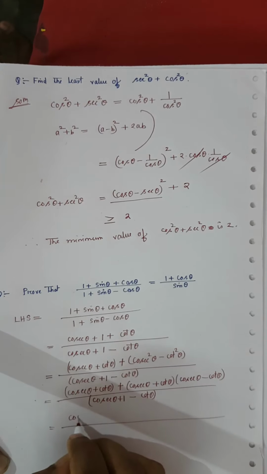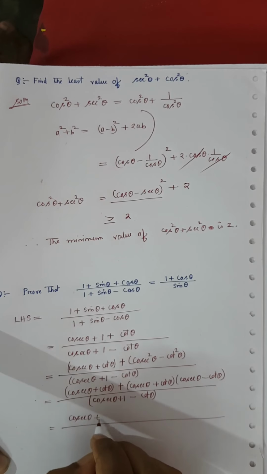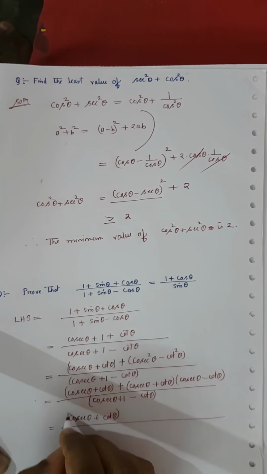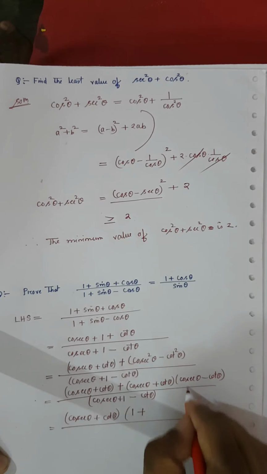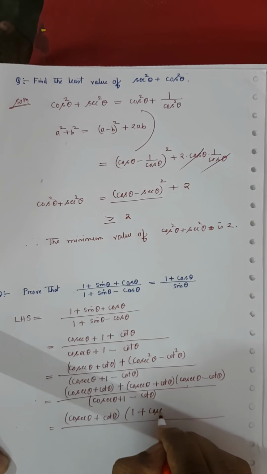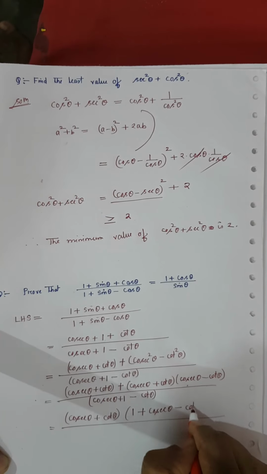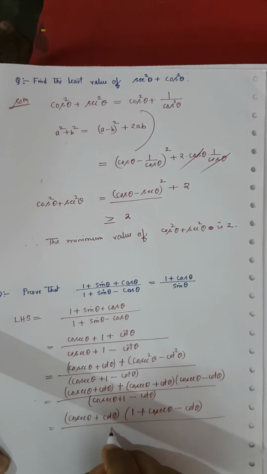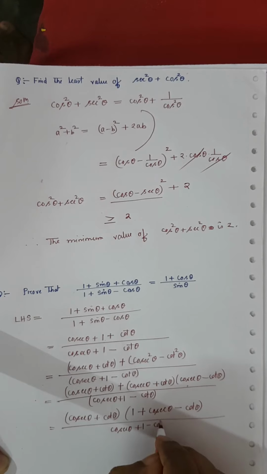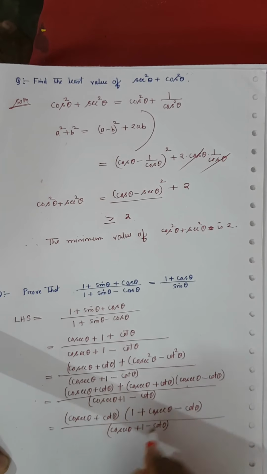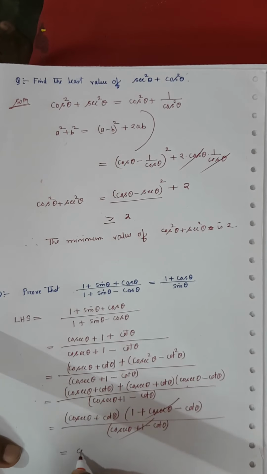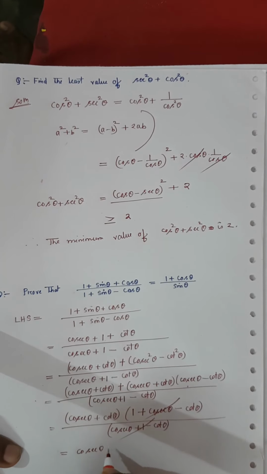So I'll get cosec theta plus cot theta into 1 plus cosec theta minus cot theta divided by cosec theta plus 1 minus cot theta. Cancel. So it is cosec theta plus cot theta.